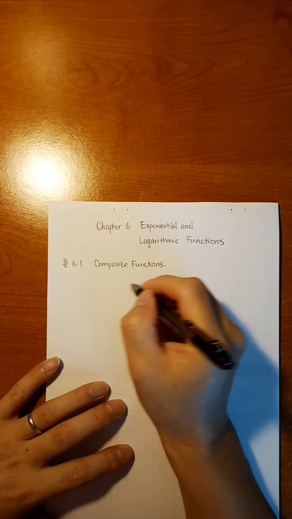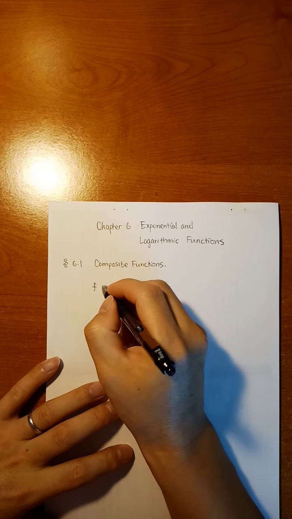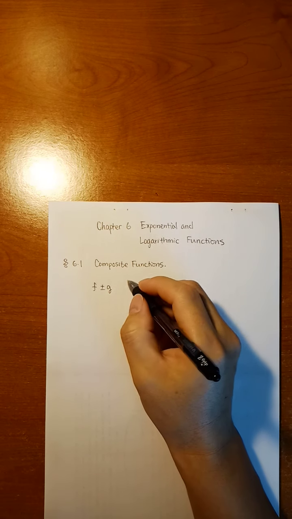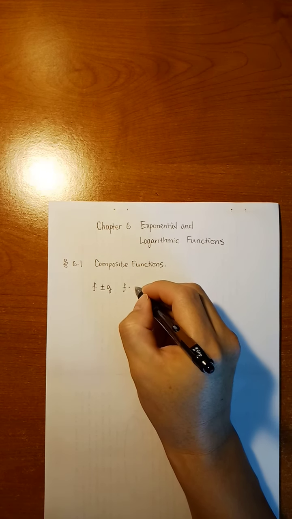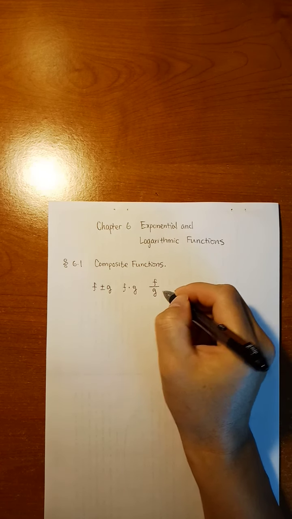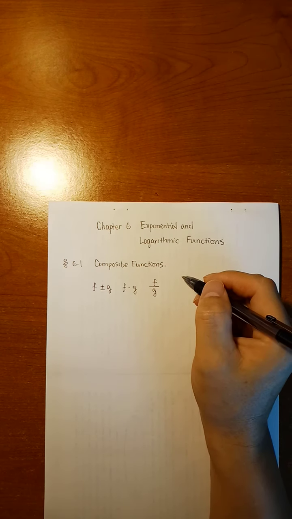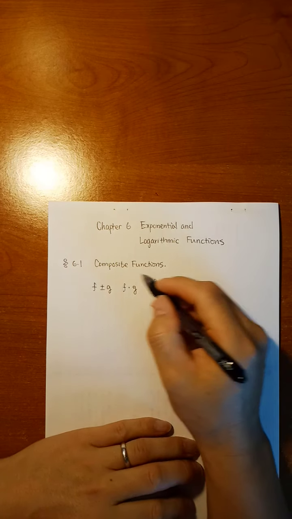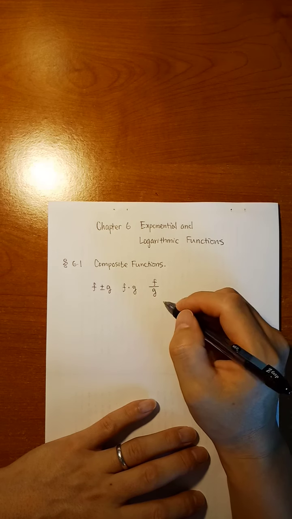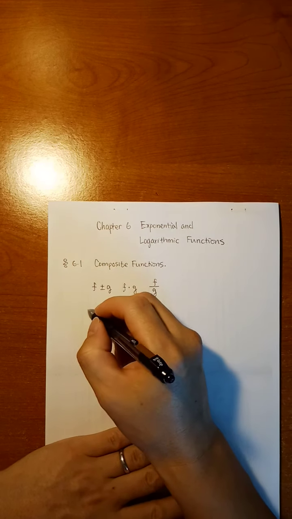When we have several functions, for example two functions, we can do addition, subtraction, multiplication, and also division when the denominator is not equal to 0. For all these arithmetic constructions, we have one requirement, the domain.